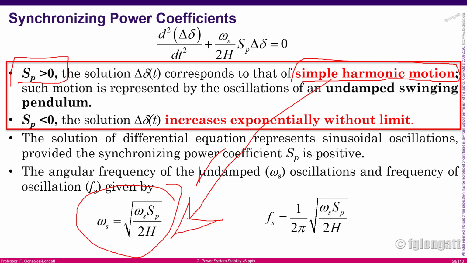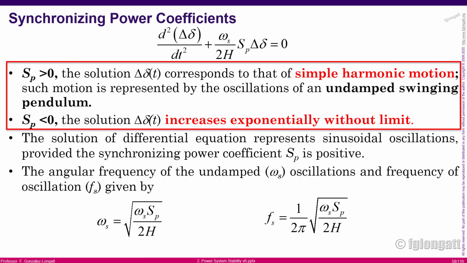I believe that you need to understand two things here, the conclusion of this section. One, the synchronizing coefficients allow you to understand how the electrical power changes when there are small variations on the power angle, okay? Be careful, I am using the words small variations. Second, if the synchronizing coefficient is positive, that is what I want because the system will be stable.